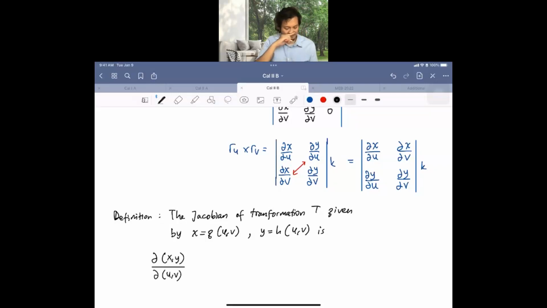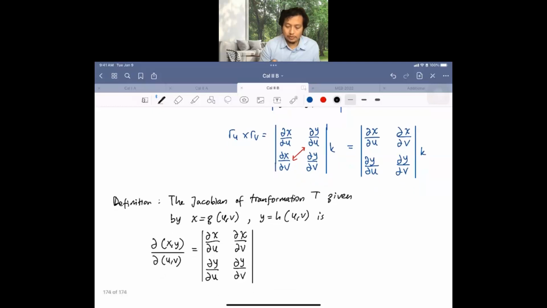Okay, so we transform this based on this determinant.